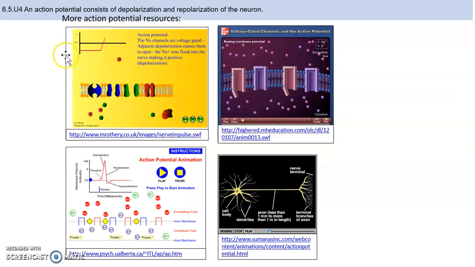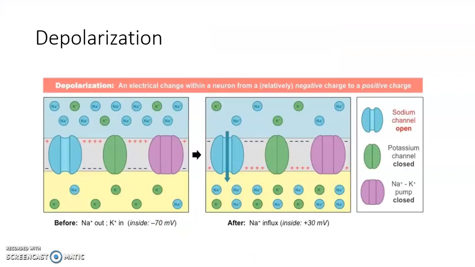In the PowerPoint, I want to draw your attention to all of these resources. I would suggest you watch all of them, because the more that you can see this, especially in an animation form, the clearer it will become. I also urge you to talk aloud, try and explain aloud resting potential and action potential. If you can do those things, then you're in a good position to move on to this idea of propagation of the action potential.